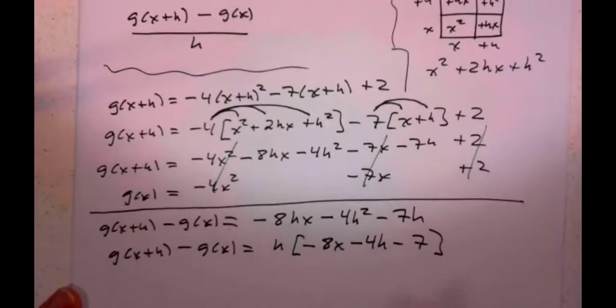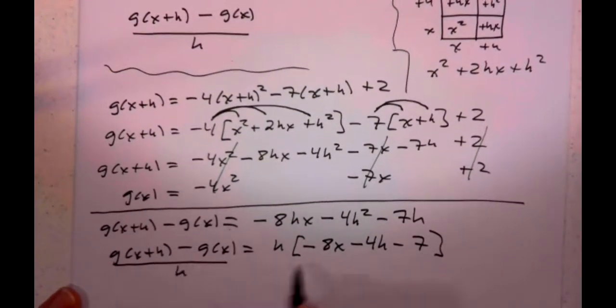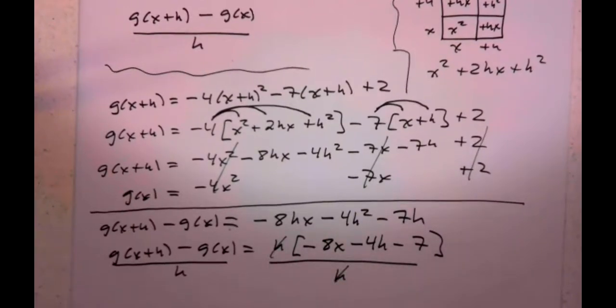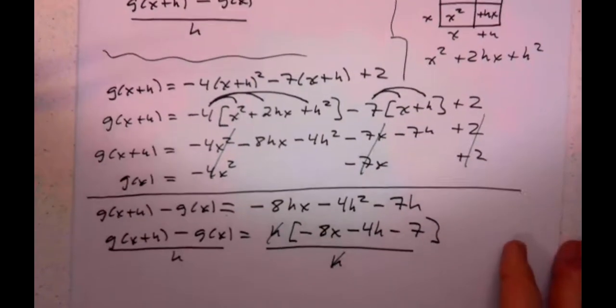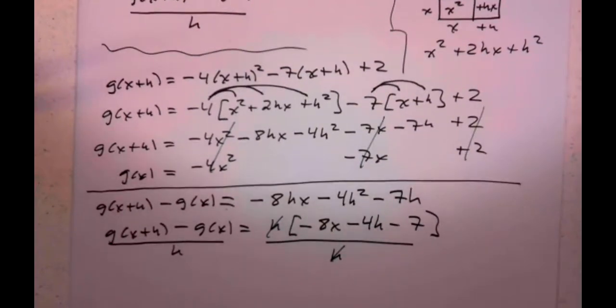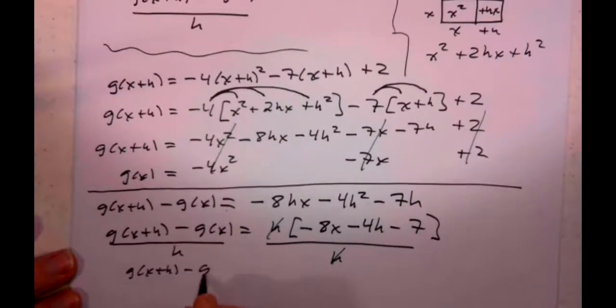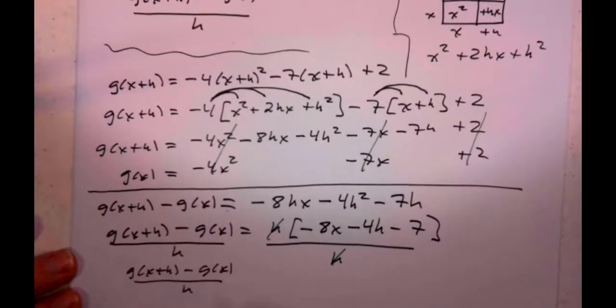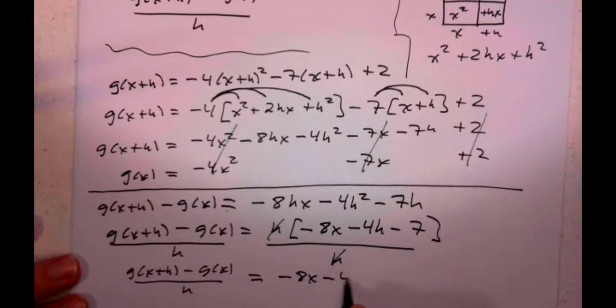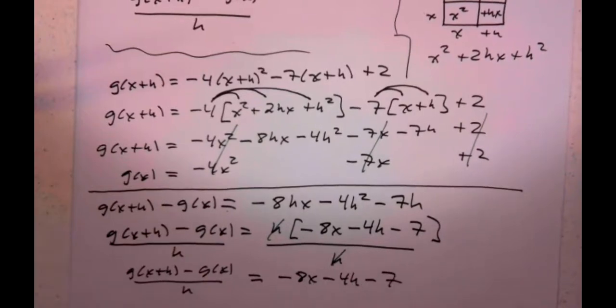And all of that is supposed to be divided by h. So notice what happens. The h's divide out, which usually happens with these kinds of problems. And then what do we finish up with? Our final answer. g of x plus h minus g of x over h equals what's left there, negative 8x minus 4h minus 7. And that becomes a very important technique to use when we are in calculus.